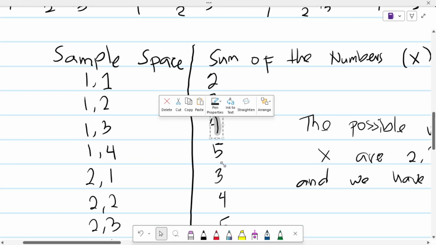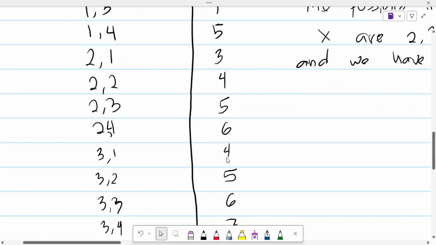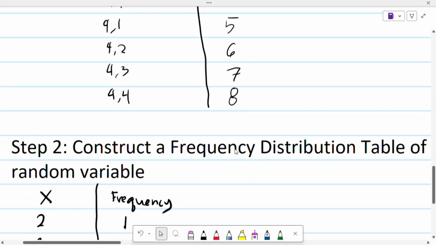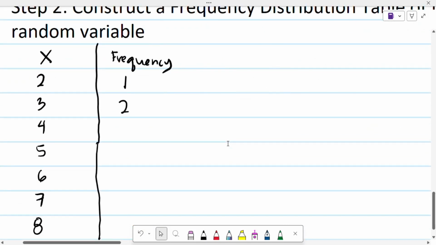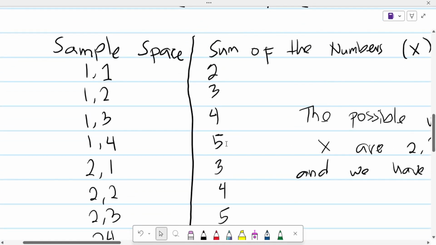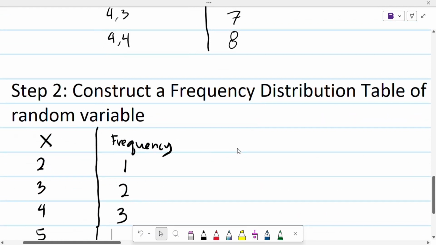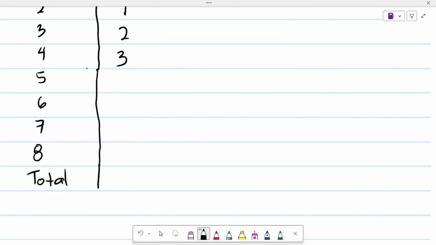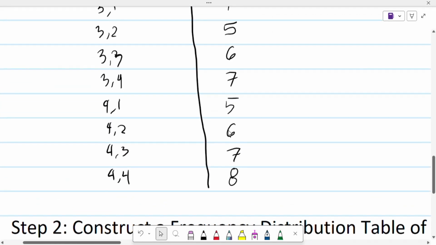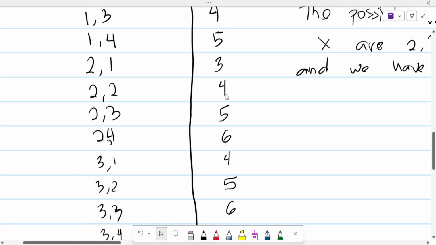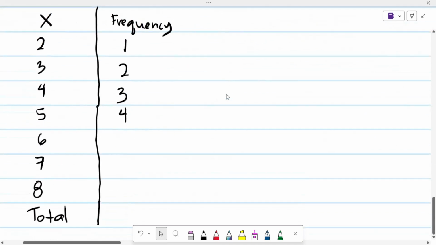We have 1, 2, 3, and 3 only. So the frequency is 3. How about 5? 1, 2, 3, 4, 4 times only. How about 6? We have 1, 2, 3, 3 times only.